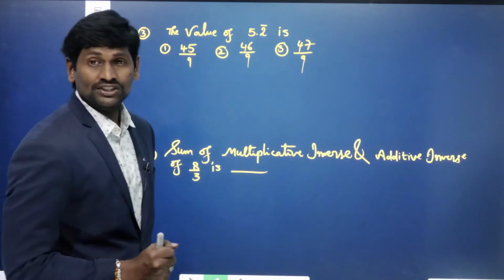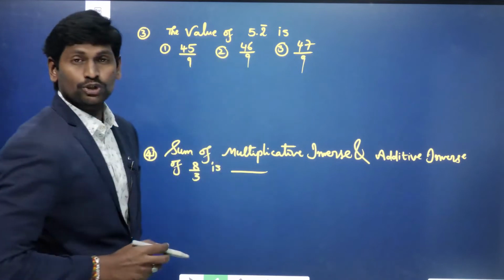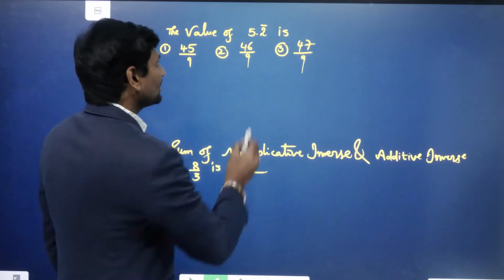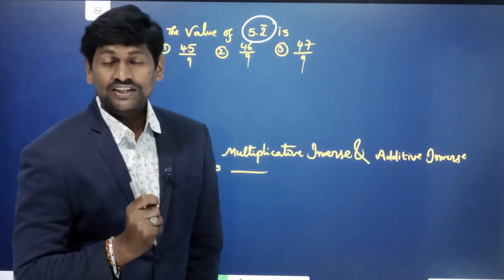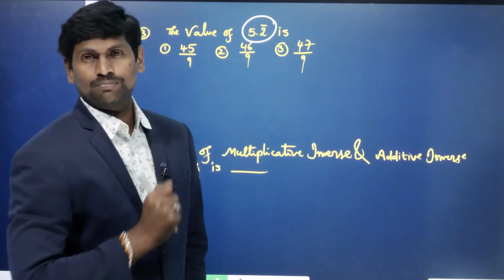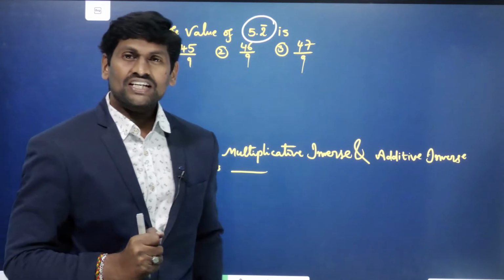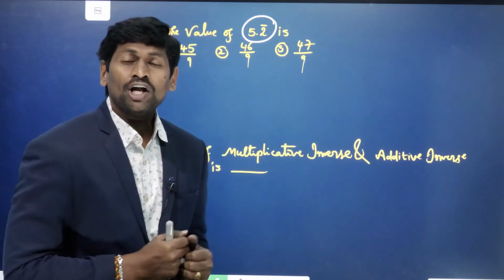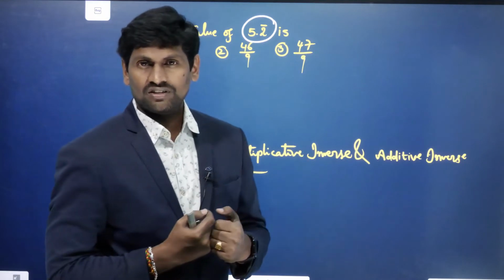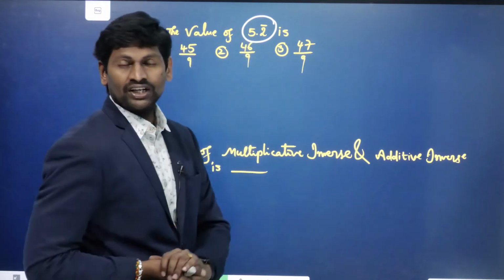Coming to the third question, the value of 5.2 bar. This is a rational number which is in non-terminating repeating decimal form. We discussed that a rational number is either a terminating decimal or a non-terminating repeating decimal.